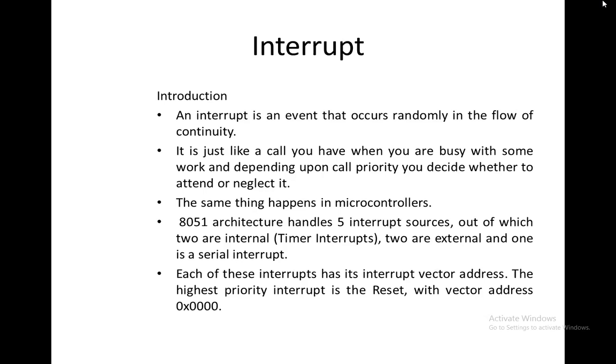Why is it required? Suppose there is a furnace or boiler with a boiling temperature of 1000, and you have to control the temperature of that furnace using the controller. If the temperature exceeds 1000 degrees Celsius, then what will happen?